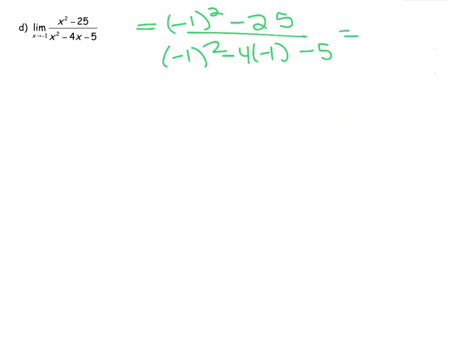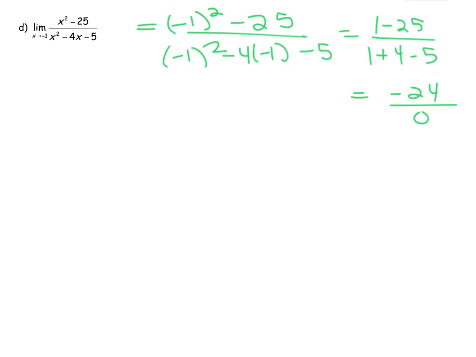So I'm taking the limit as x approaches -1. So I'm going to do that direct substitution first. I have (-1)² minus 25 all over (-1)² minus 4 times -1 minus 5. So with direct substitution, I have 1 minus 25 all over 1 plus 4 minus 5, and I end up with -24 over 0.